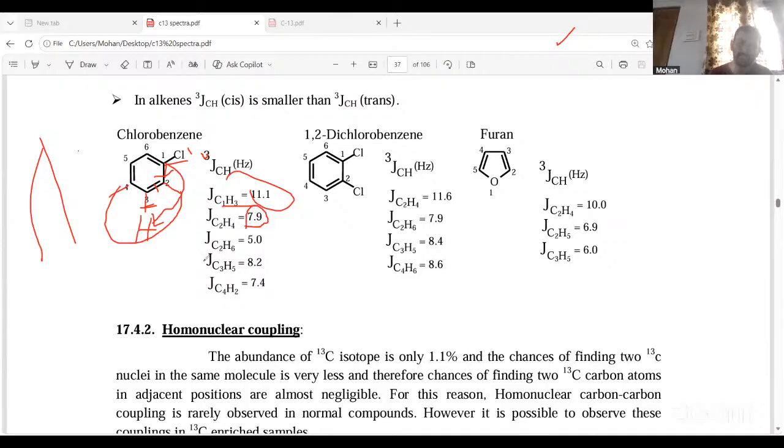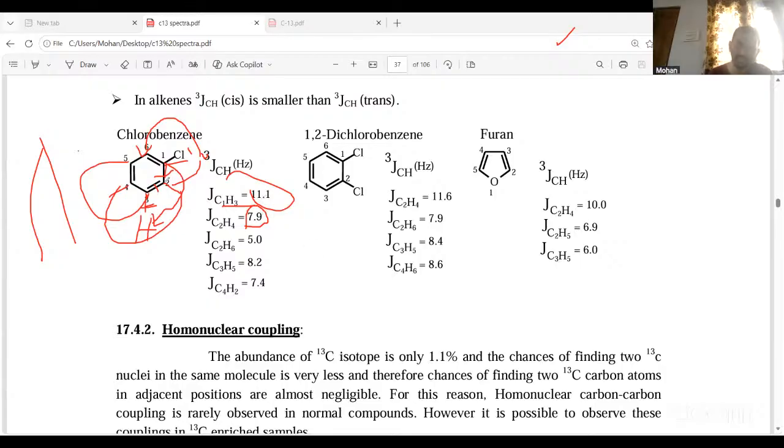And then C2H6 here, C2 and the H6 on the reverse side, anti-clockwise coupling. You can see the value is 5.0. And C3H5. Here is a C3 carbon and the H5 hydrogen here. Now you see, clockwise, it is 8.2 here. Now you can compare the values.